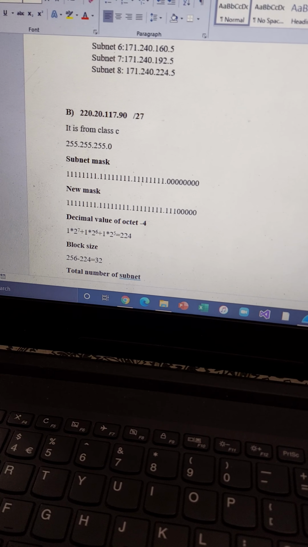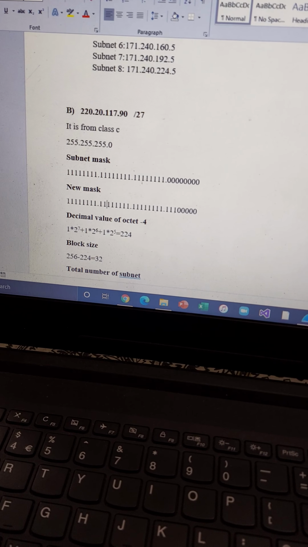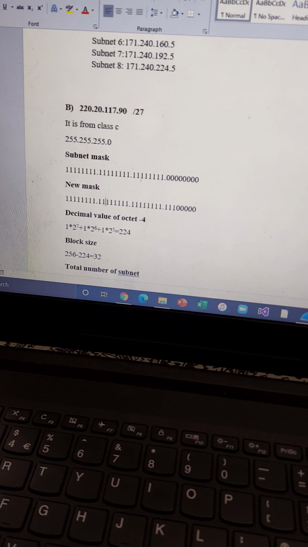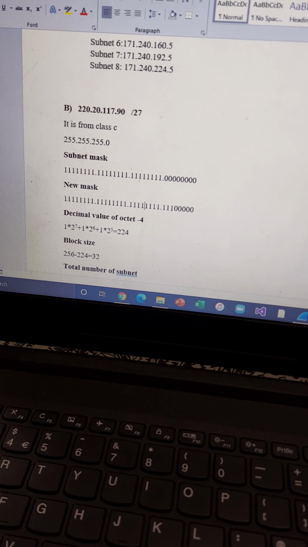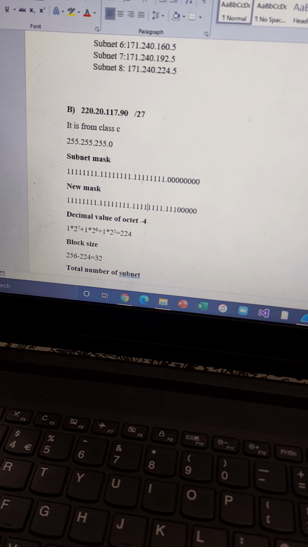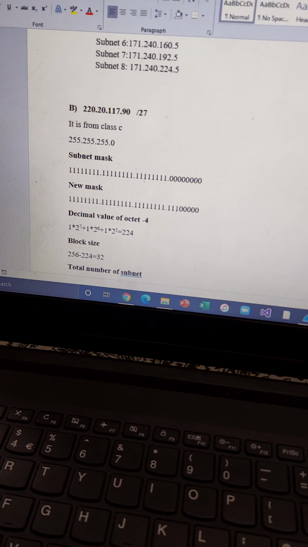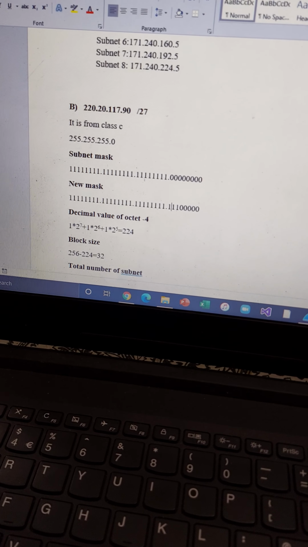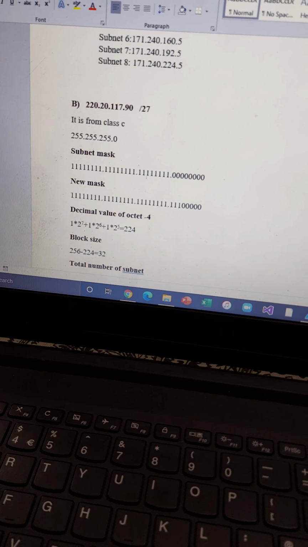Now sir, for the new mask we will write 8 ones in the first octet, 8 ones in the second, and 8 ones in the third, as the CIDR number is 27, and in class C there are a total of 24 bits, so we will borrow 3 bits from the fourth octet.